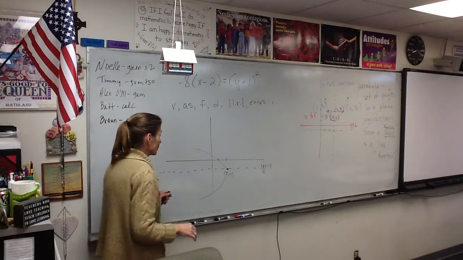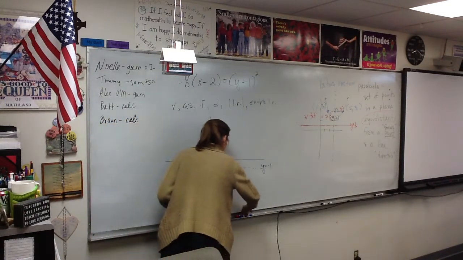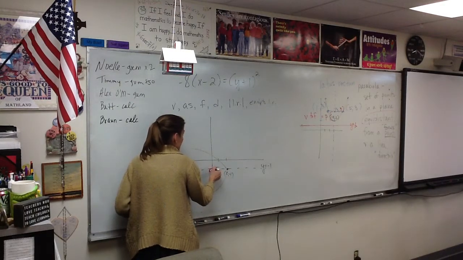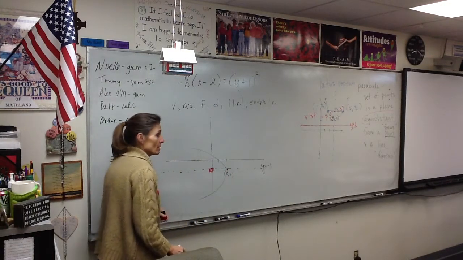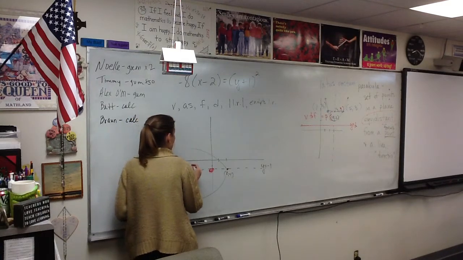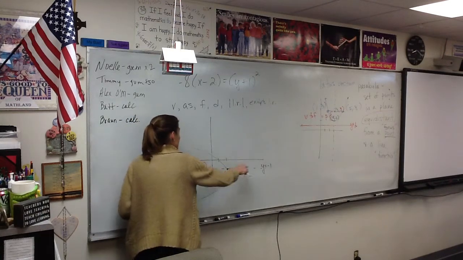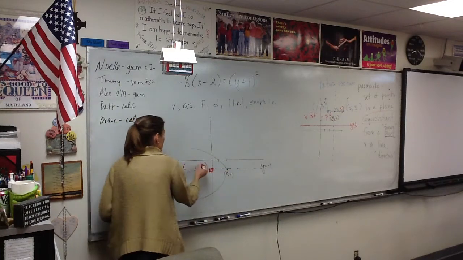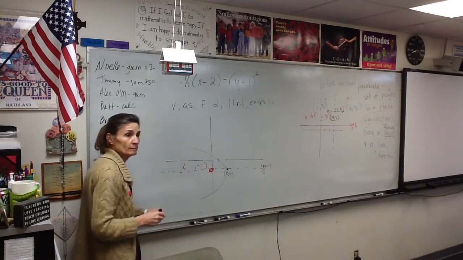Now, would you agree that my focus, I'll put my focus in red, is in here somewhere? Which means, what do I automatically know about it? If it's on this line, I know what? Its y coordinate is -1.